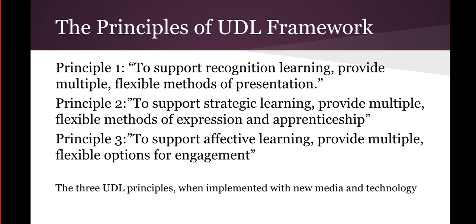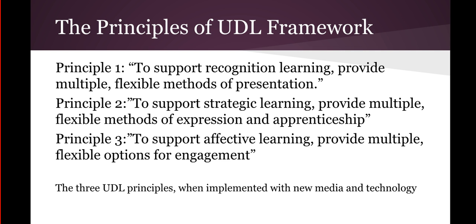The principles of the UDL framework, which can be found in the book, are: Principle 1, to support recognition learning, provide multiple flexible methods of presentation. Principle 2, to support strategic learning, provide multiple flexible methods of expression and apprenticeship.